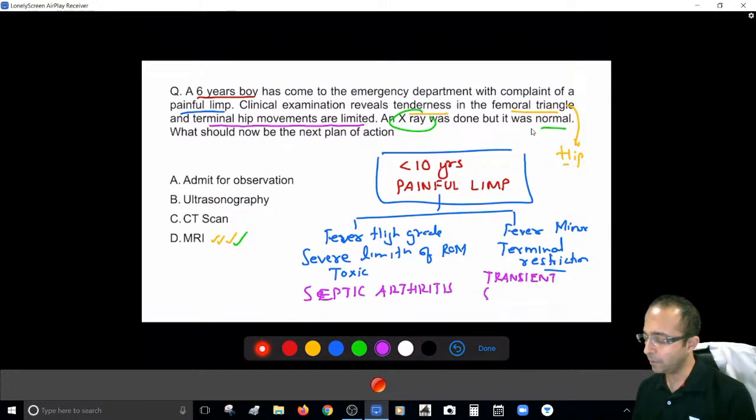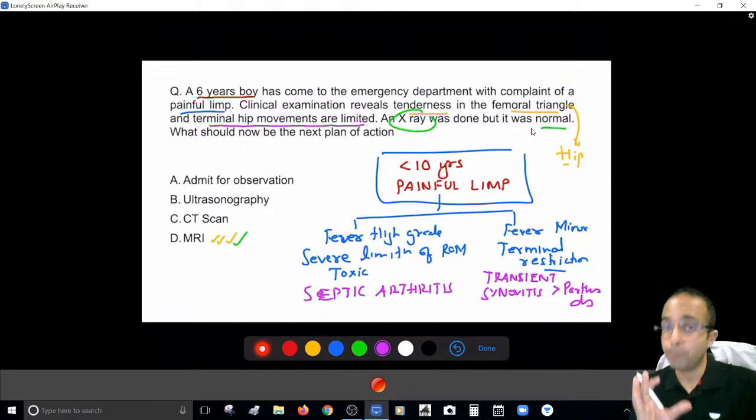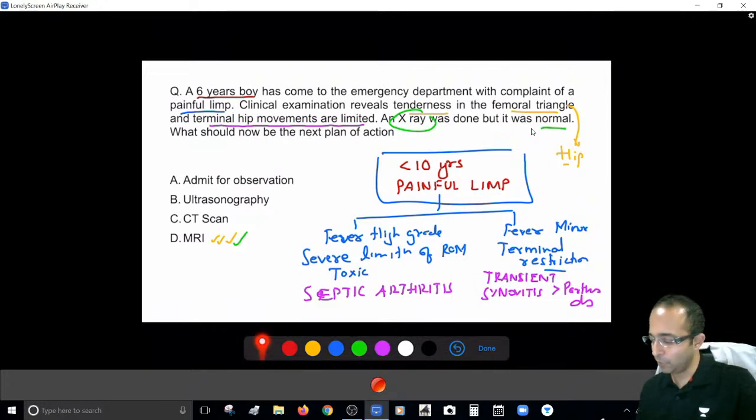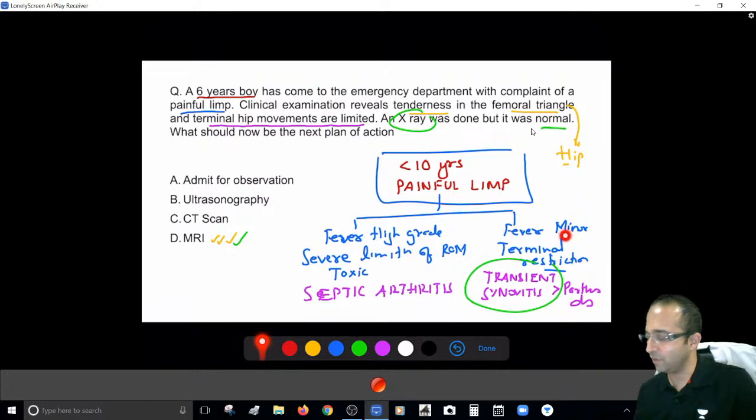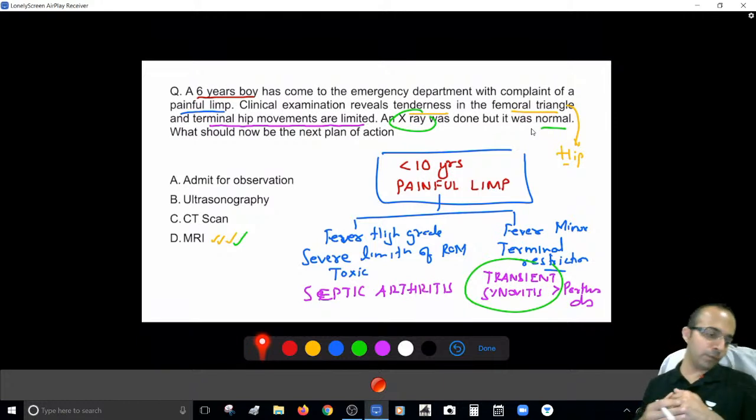Something that we say transient synovitis, and this is closely followed by what you were calling as avascular necrosis here, Perthes disease. So transient synovitis would be my first choice here, because it's less than 10 years old child with a painful limb. There is nothing mentioned about the fever, and it's only the terminal restriction of the movements he's having. It's synovitis, not arthritis. Arthritis would mean gross limitation of the movements.